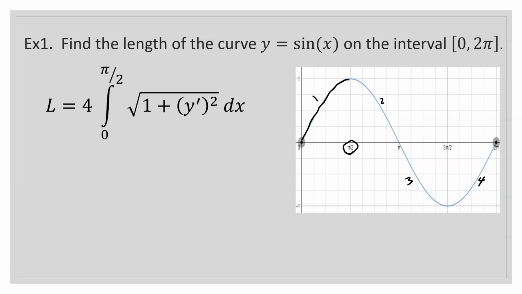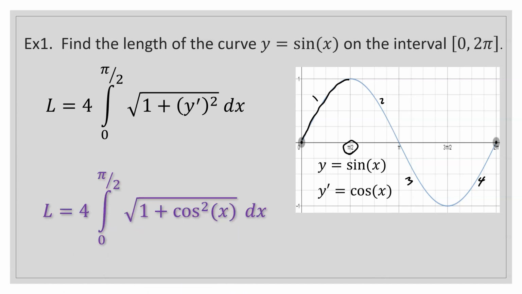Now we need to ask, what is the derivative of sine of x? The derivative of sine of x is cosine of x. So the integral we are looking at is from 0 to pi over 2 of the square root of 1 plus cosine squared dx, and we multiply that by 4 because there are 4 symmetrical pieces.